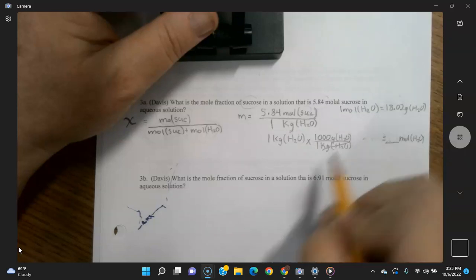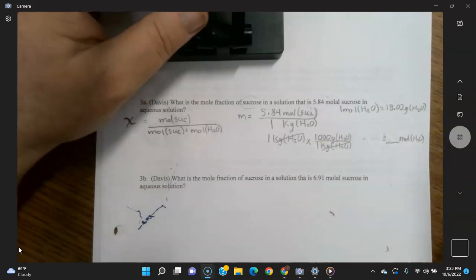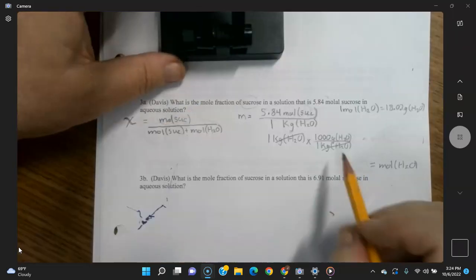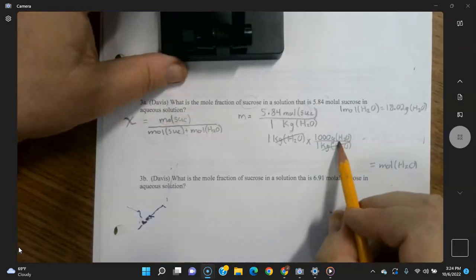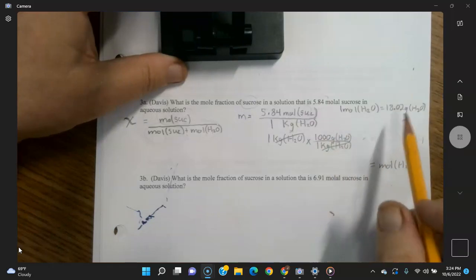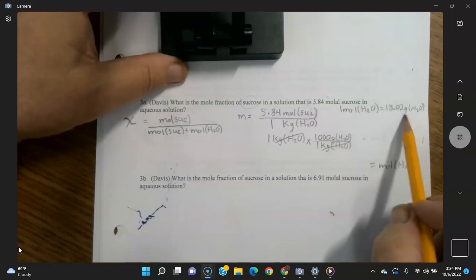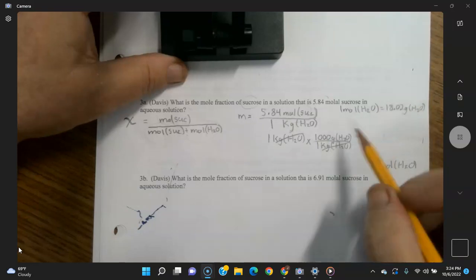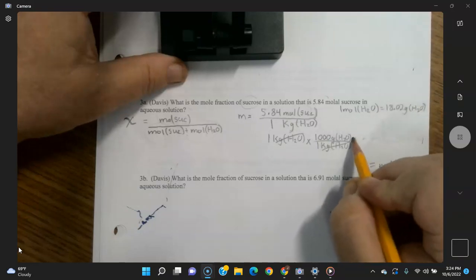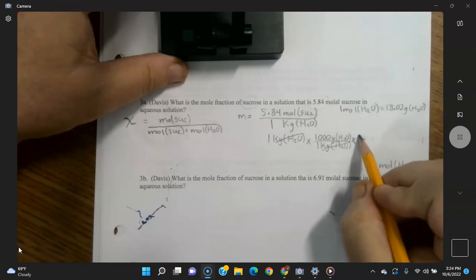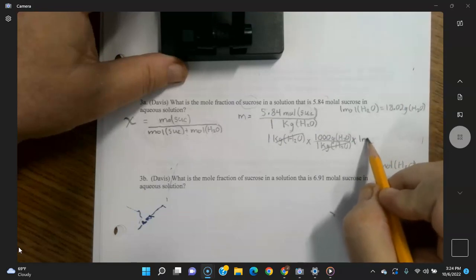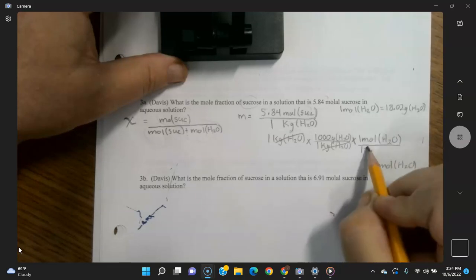So kilograms H2O cancels and cancels. Now I have 1,000 grams of H2O, and I have a conversion to moles right here. It's 1 mole of H2O equals 18.02 grams of H2O. So I'm going to turn that into a conversion factor. I'm going to put moles on top because that's what I want to know, moles of H2O.